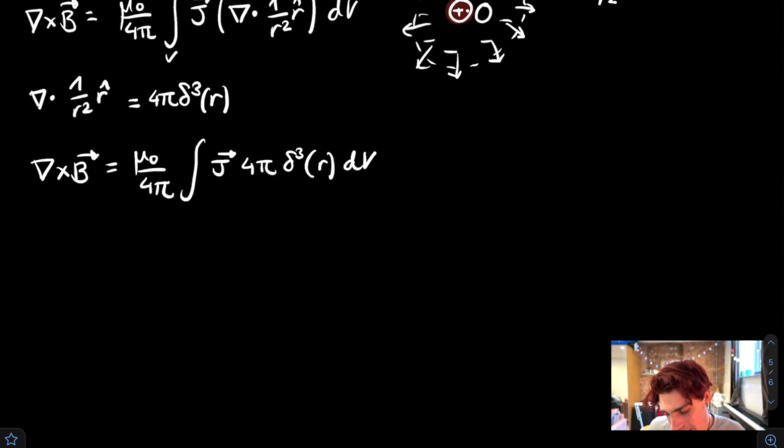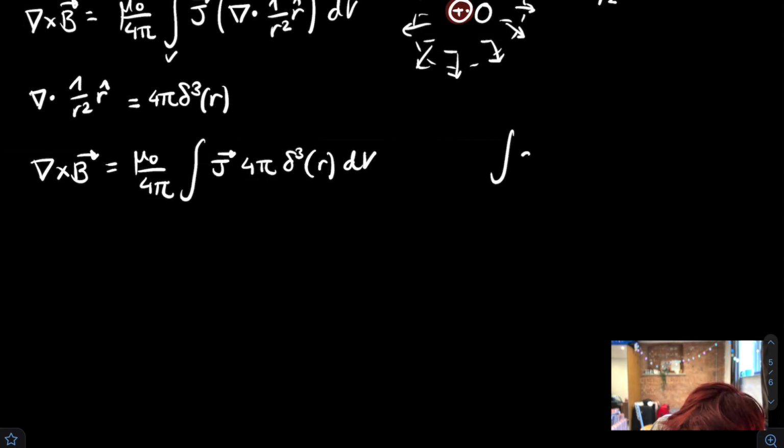And what did we say we could do with the delta function? Well, the delta function has this really nice property where you don't actually have to do any integration whatsoever, because it just sifts out the one value in which it's non-zero. That's how the delta function is defined.